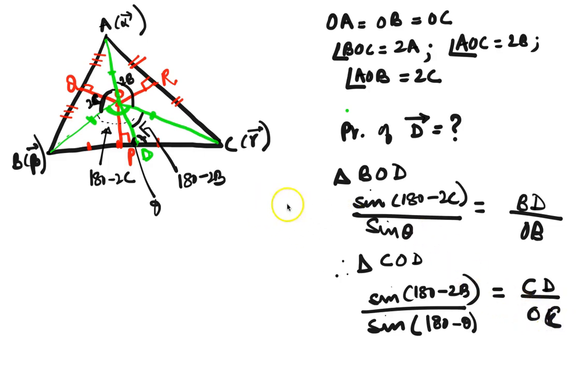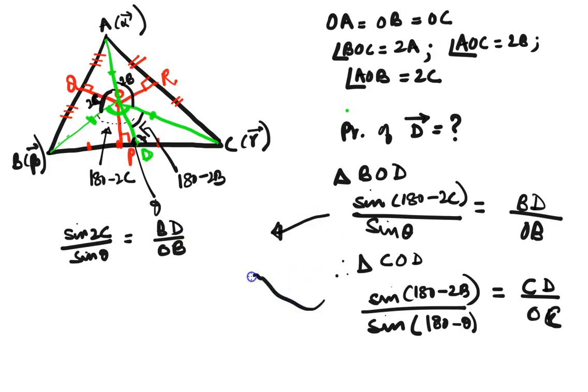Right? So what does that mean? This will give me sine 2C upon sine theta equals BD by OB. Sine 180 minus theta is sine theta, and this will give sine 2B upon sine theta as CD by OC. I can replace OC by OB.